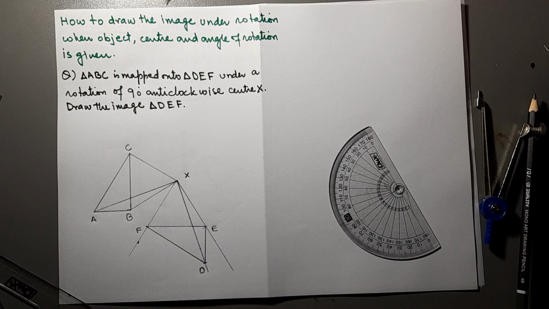There may be a question that ABC is mapped onto triangle DEF under a rotation of 120-degree anti-clockwise about X. Now, in the case of 120-degree rotation, we will draw an angle of 120 degrees at point X. This one is the method to draw the image when object, center and angle of rotation are given.